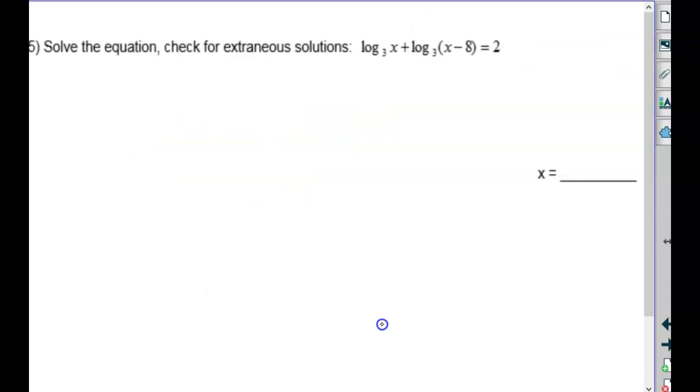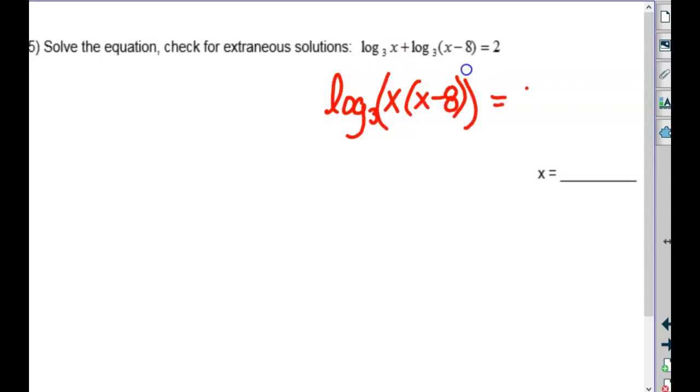What's different about this one, guys? Yeah, you're not going to get rid of the logs until you exponentiate or rewrite this time. This would be the log base 3 of x times x minus 8 equals 2. What do you have to do here? Nope, it already has the log. Yeah, rewrite or exponentiate.